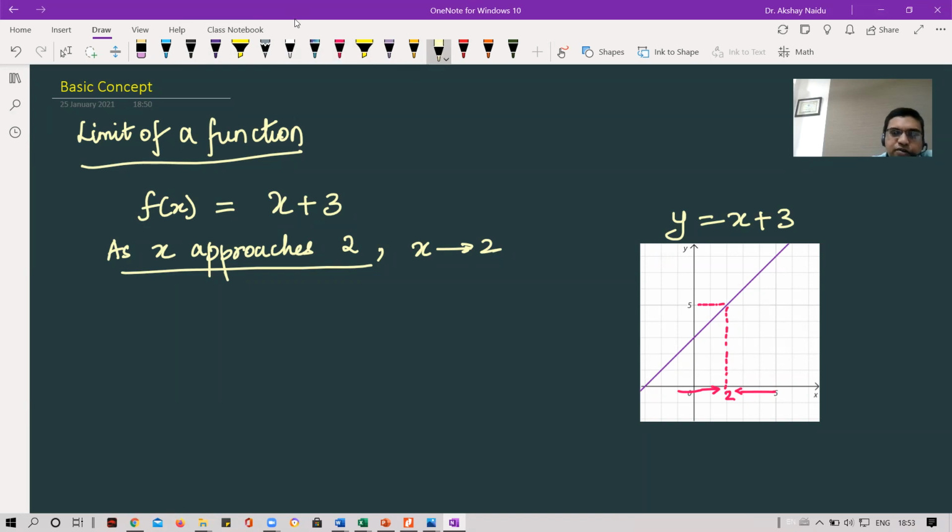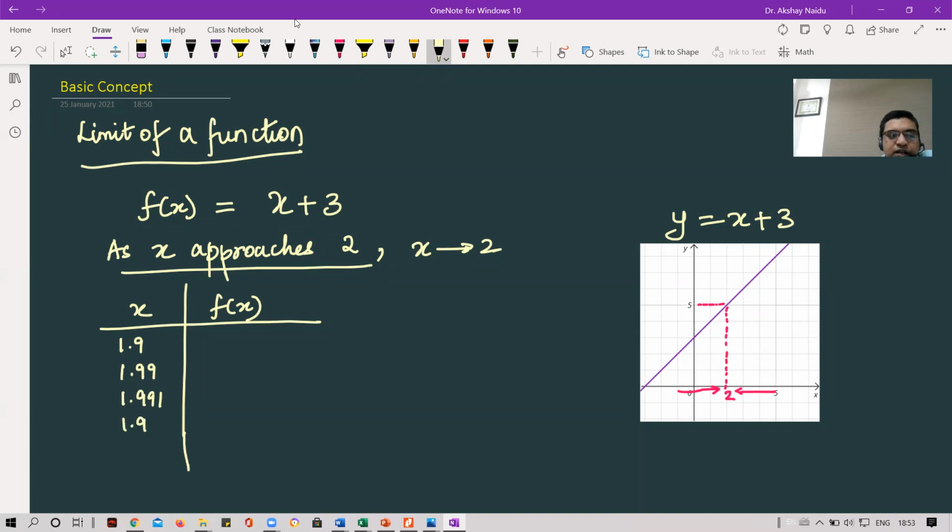So look at this table that I draw now. Take this value of x and this value of f of x. Now x approaches 2 means x is 1.9, then 1.99, then 1.999 and so on. It is not equal to 2, but it is going close to 2. What will be f of x? 4.9, 4.99, 4.999.